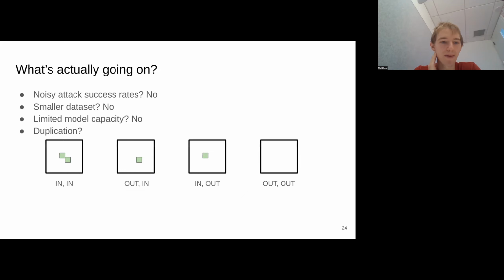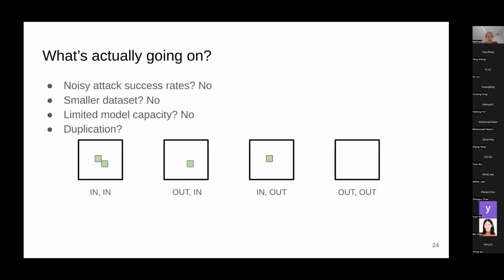In the membership inference experiment, every point has, let's say, 50% probability of being included. So we end up with 4 equally likely outcomes with regards to these 2 points. Both of them are in the training set, or both are out of the training set, which each happen a quarter of the time. And then we also have these 2 equally likely outcomes where only one of them is in the training set.